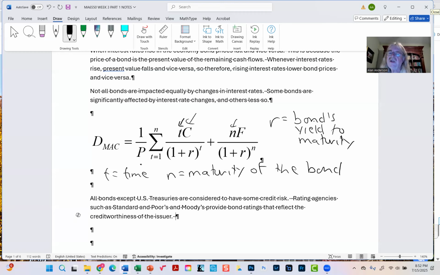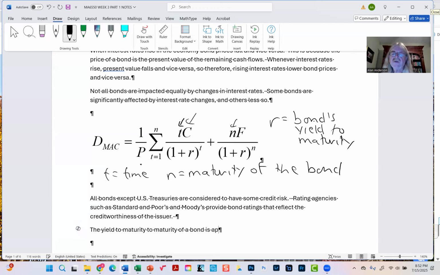Now, of course, in return, the ones with the highest risk are going to have the highest yield to maturity. Okay, so in other words, the yield to maturity of a bond is a very complicated concept.